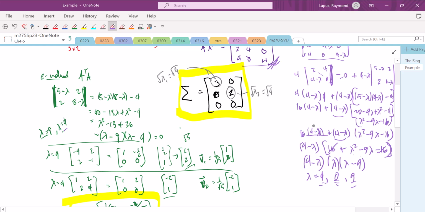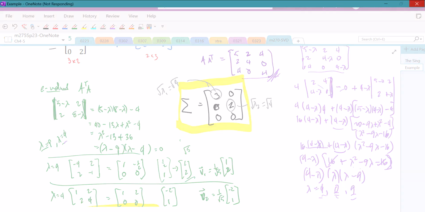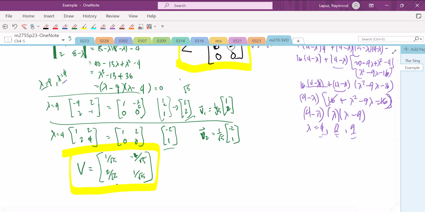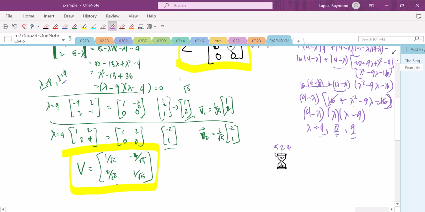Let me rewrite this matrix over here. 5, 2, 4, 2, 4, 0. And it's a symmetric matrix, so this is a 4, 0, 4.